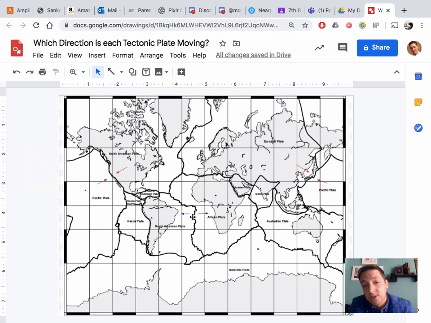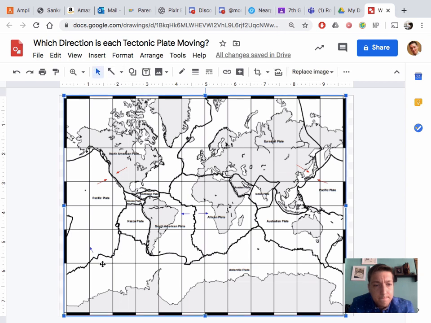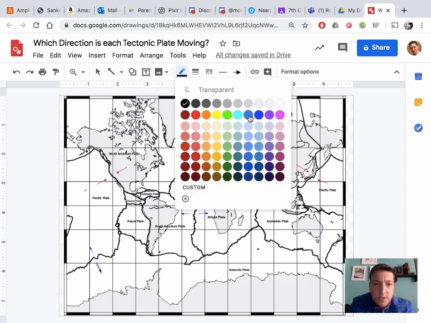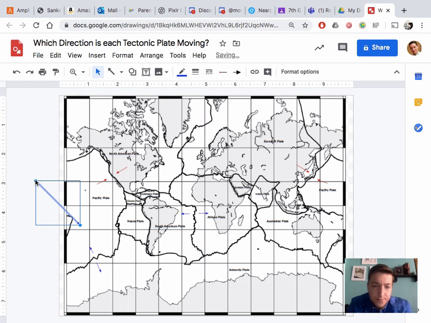The reason I did divergent is because new seafloor is being created there. And it was that way along almost this entire thing here. I remember there was also new seafloor here. So wherever you see new seafloor, try to do divergent tectonic plates.